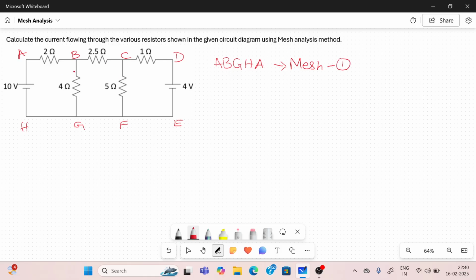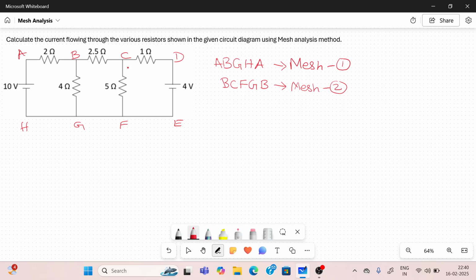Similarly, I identify another mesh: B to C, C to F, F to G, G to B. Starting from B, it again reaches B, so that is a closed path. I can name this mesh 2.